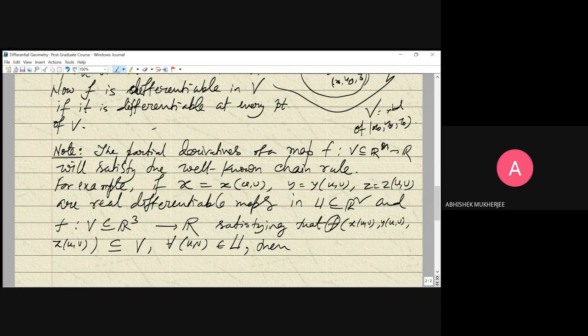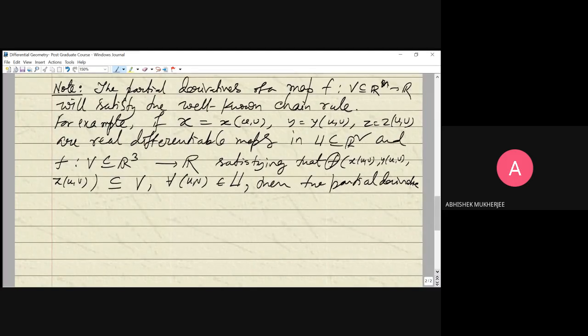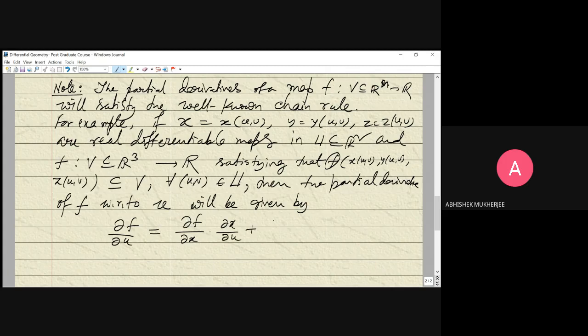And in that case, the partial derivative of F with respect to U will be given by del f del u, so it is del f del x del x del u plus del f del y del y del u plus del f del z del z del u, and so on.